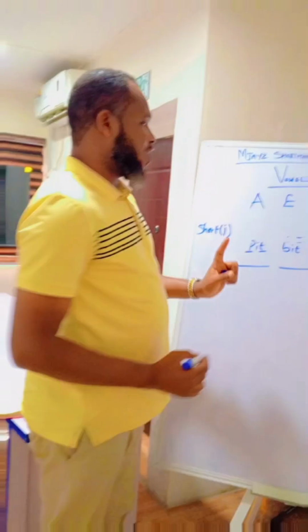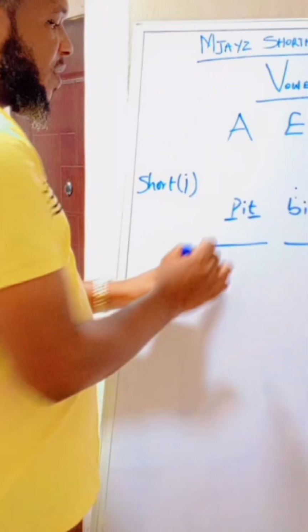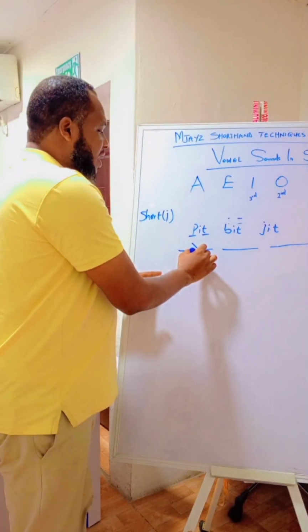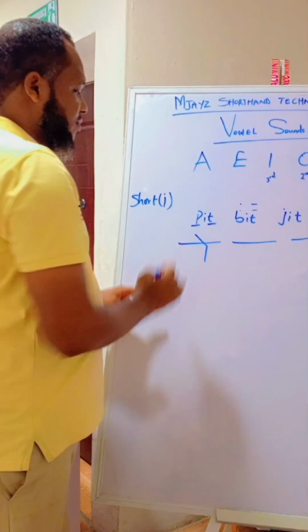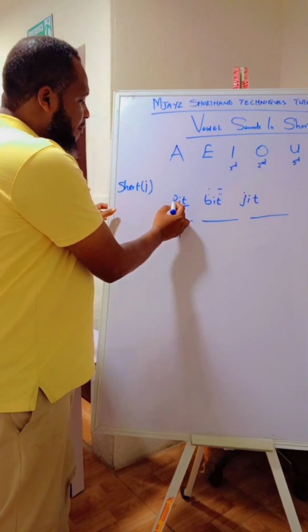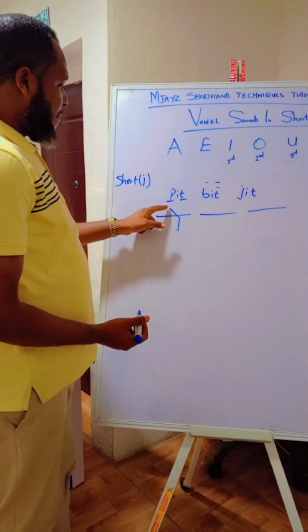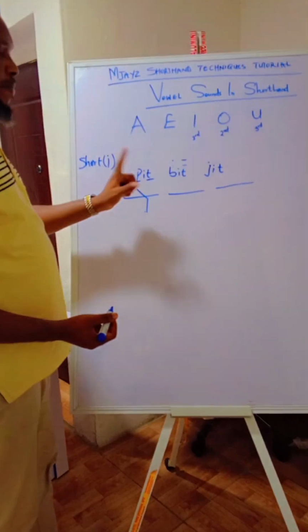Third place vowel shows that whenever you are representing your stroke, the first stroke must cross the line before the second one begins. This is P. Your E comes as a light stroke here. P, E, T, pit.